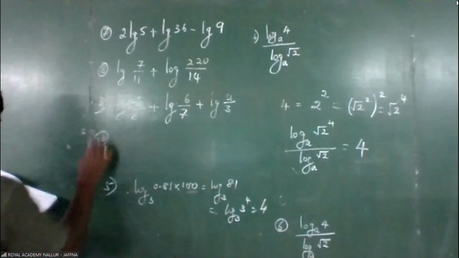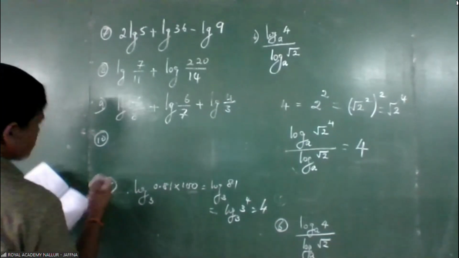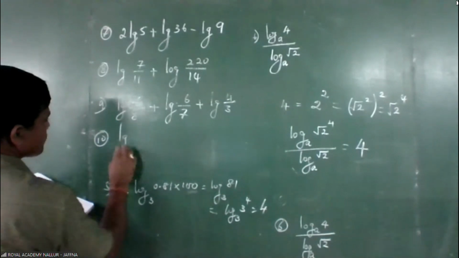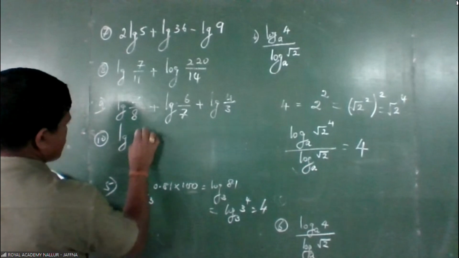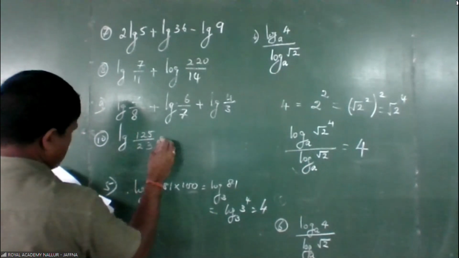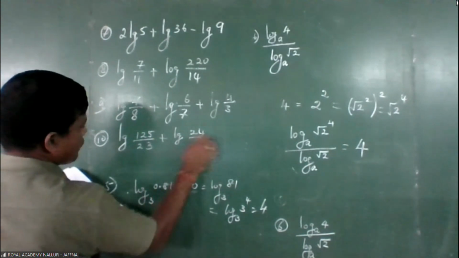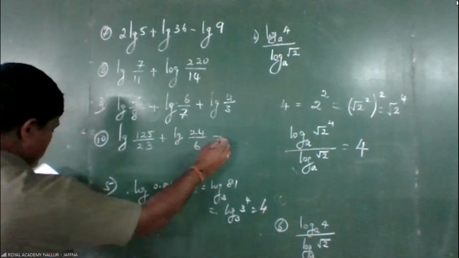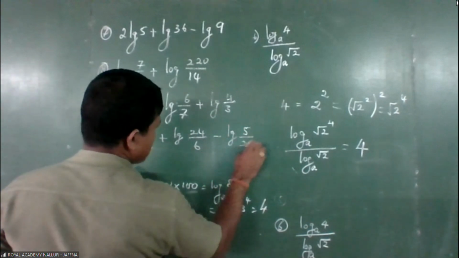Number 10: log 125 by 23 plus log 24 by 6 minus log 5 by 23.